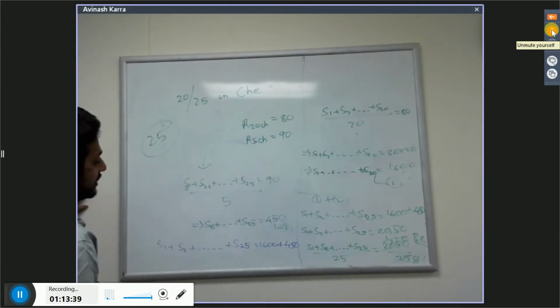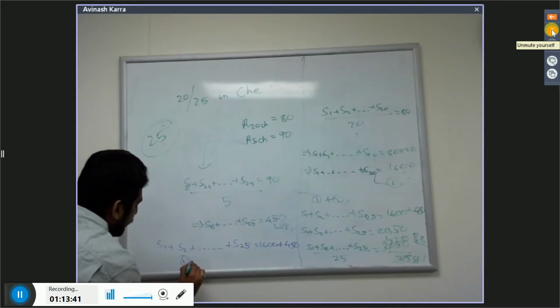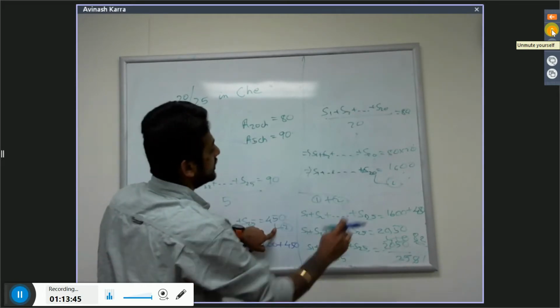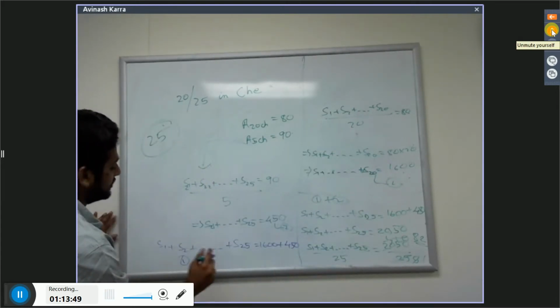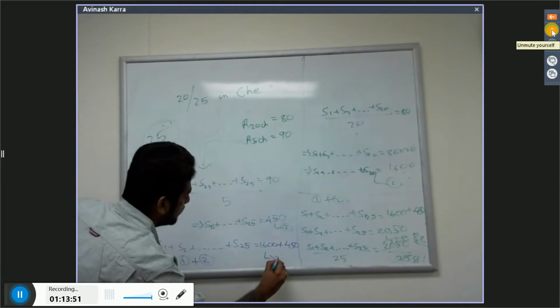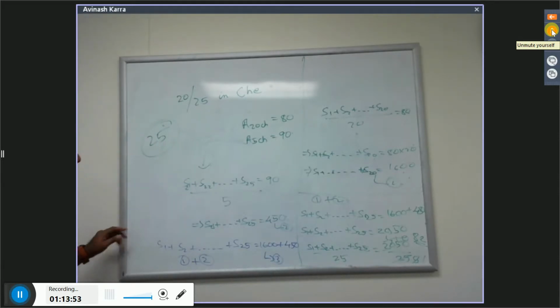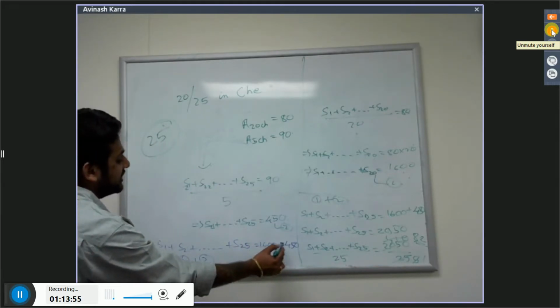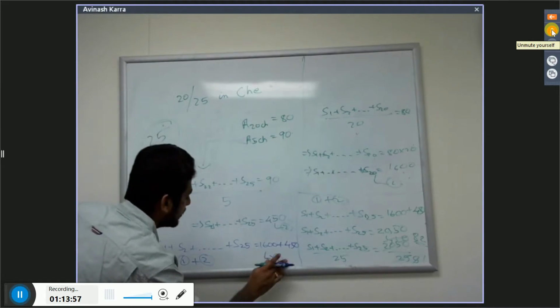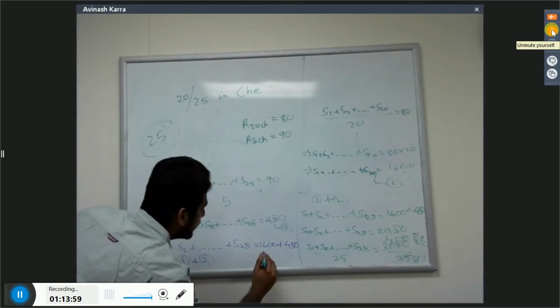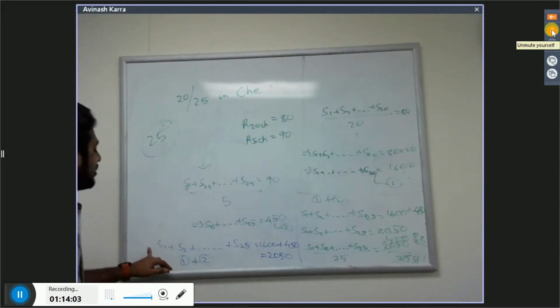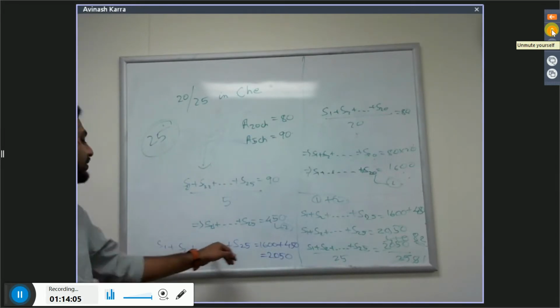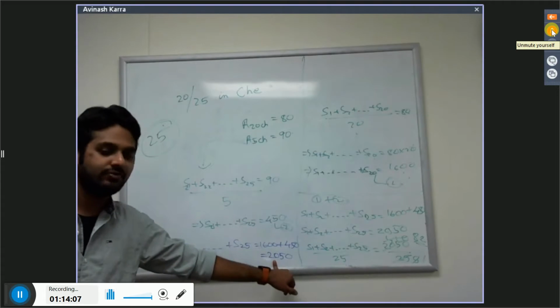I'm adding equation 1 plus equation 2, and I'm getting this third equation. So what is the value of 1600 plus 450? 2050. So the sum of scores of all the 25 students is 2050.